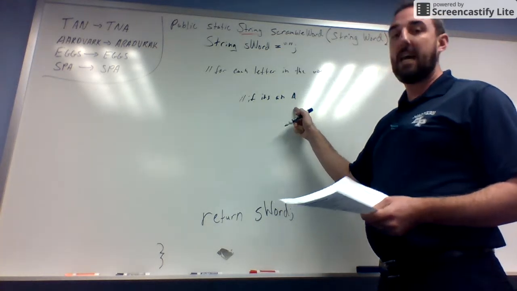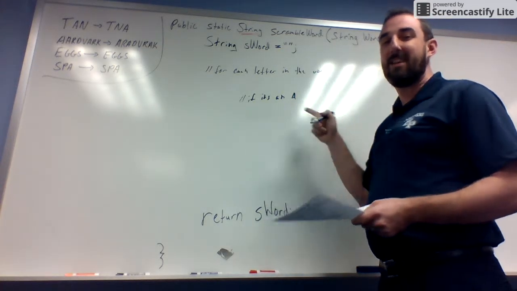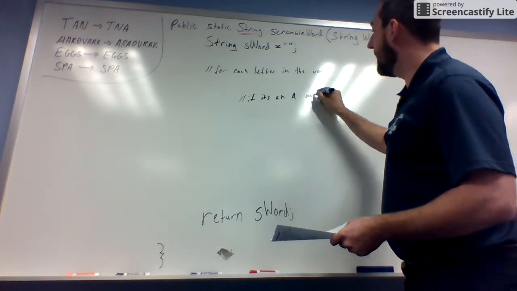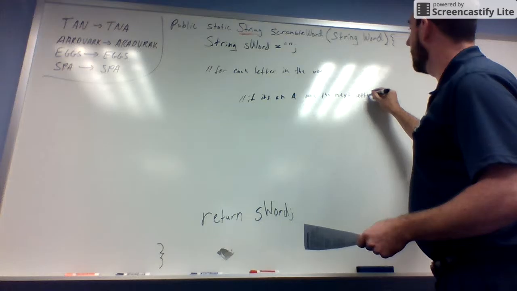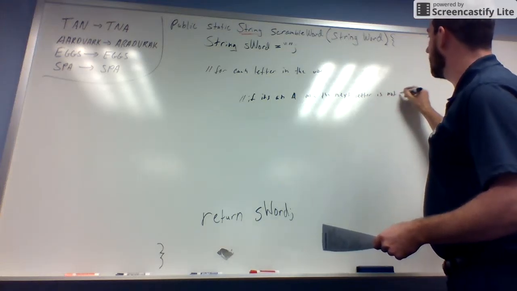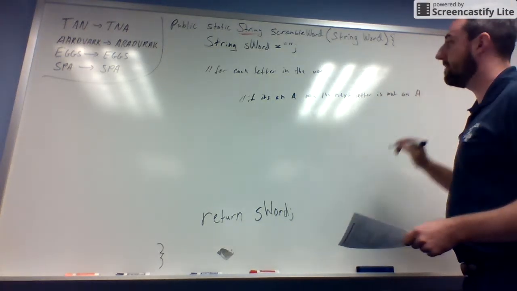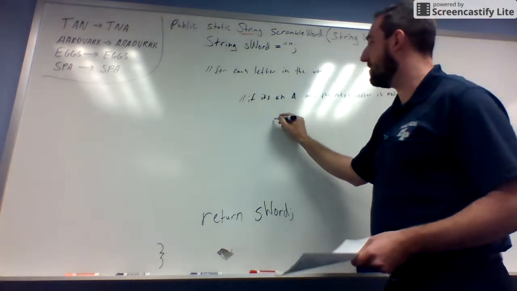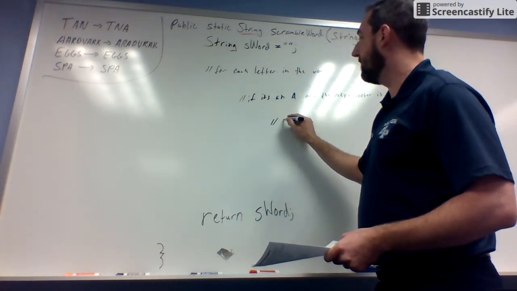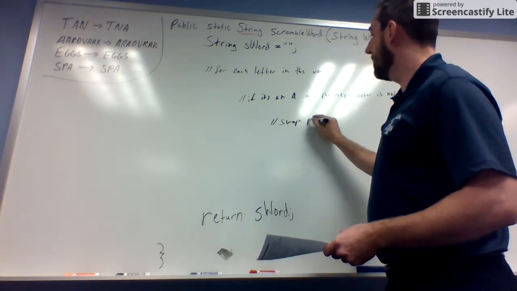Because if it's an A, I have to make sure the next letter isn't an A. So if it's an A and the next letter is not an A, what do I want to do? Swap places.